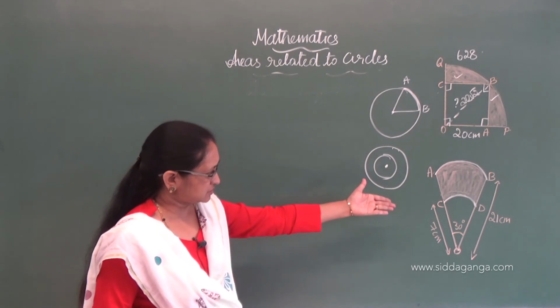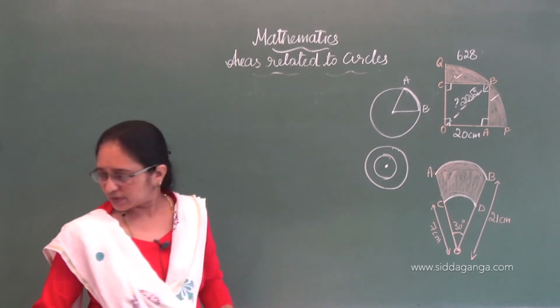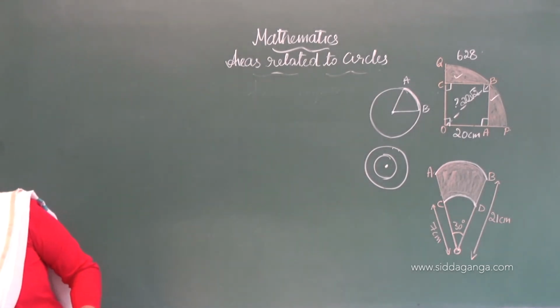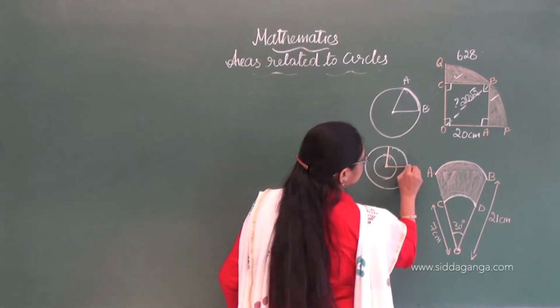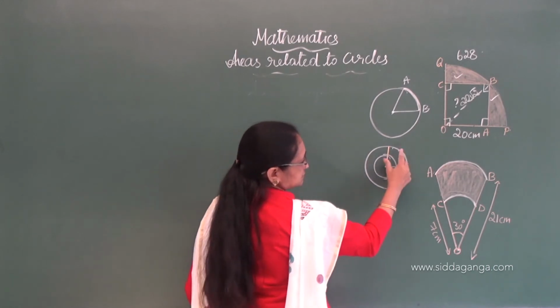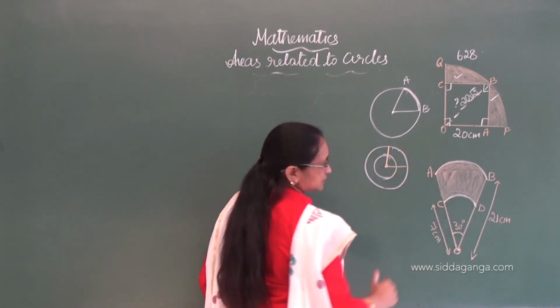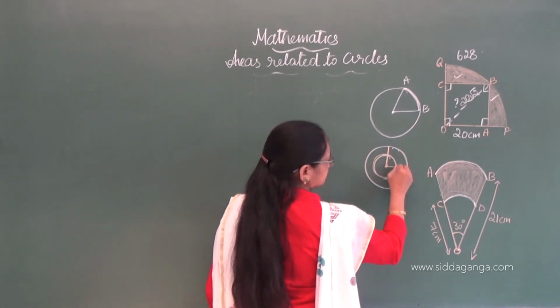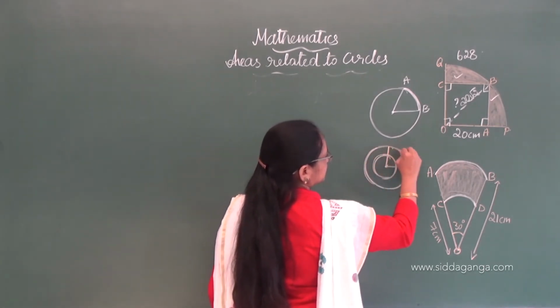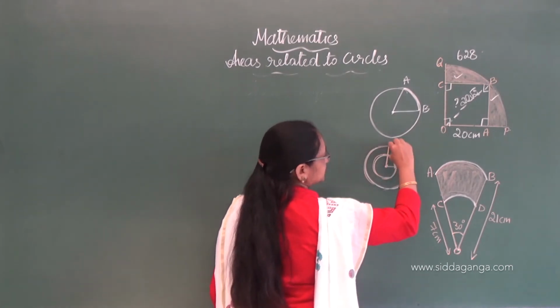See, it is nothing but a part of a circle. This part is elaborated and written like this, correct? So, these are the two arcs of the concentric circles.